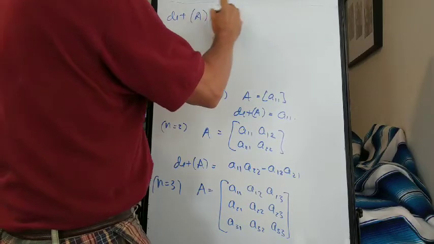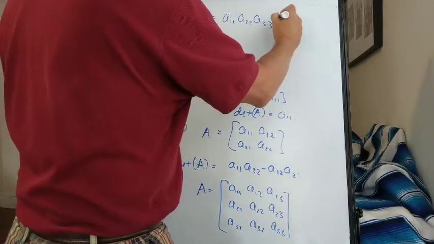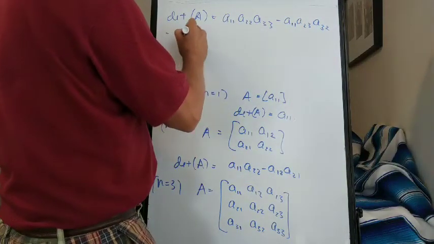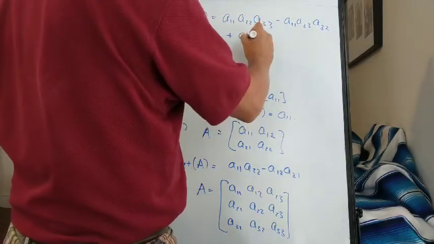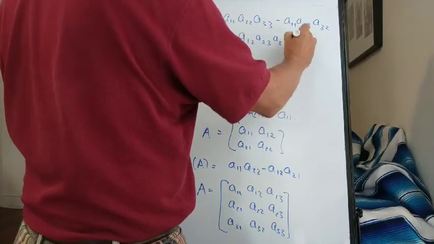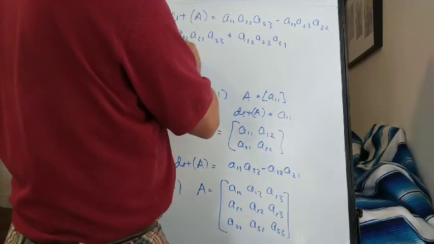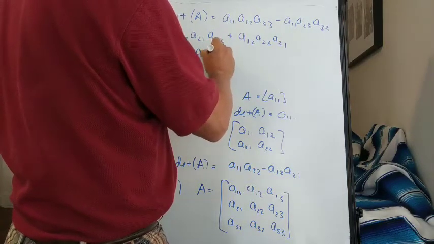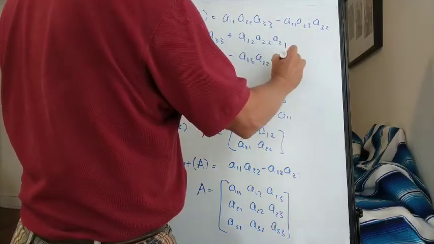And the determinant is A11 A22 A33 minus A11 A23 A32 minus A12 A21 A33 plus A12 A23 A31 plus A13 A21 A32 minus A13 A22 A31.